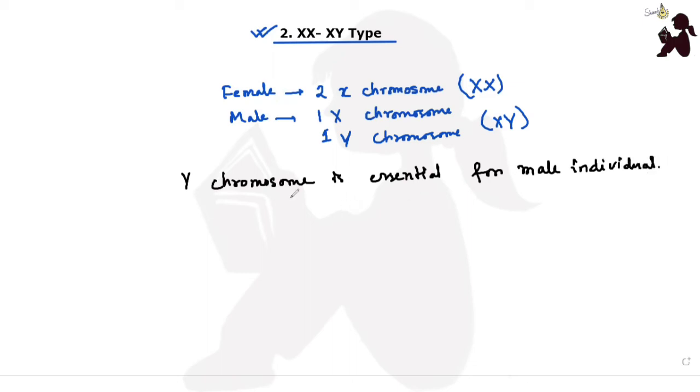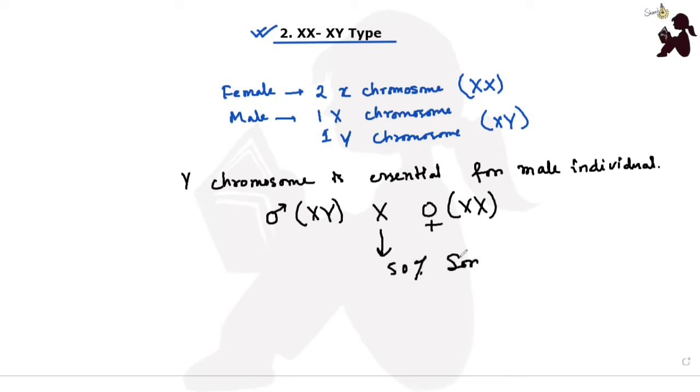Okay, so here if the father is XY and the mother is XX, their generation will produce 50% sons and 50% daughters. Now, how will this calculation occur?